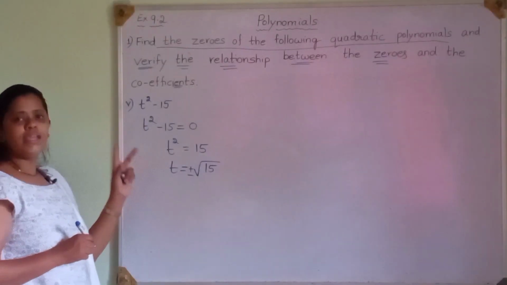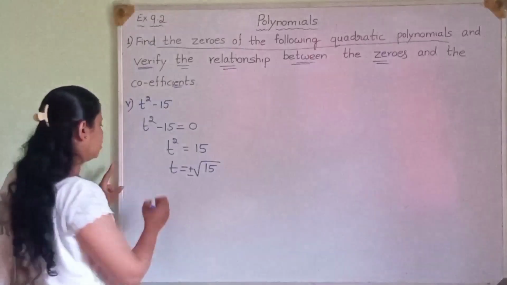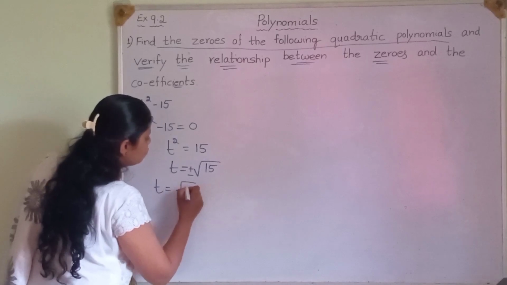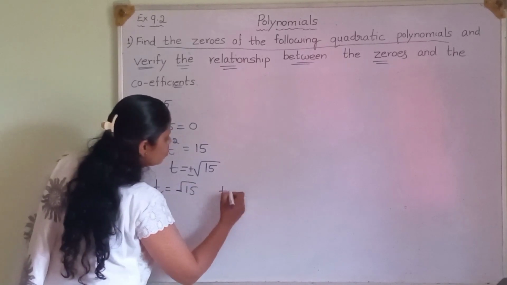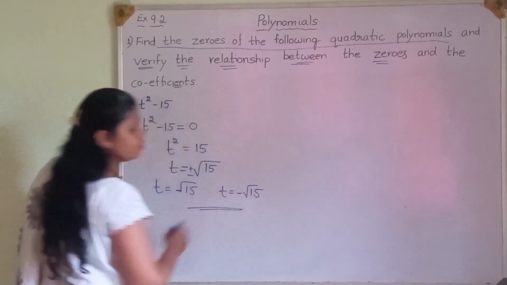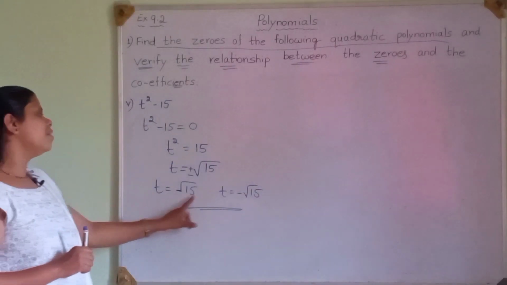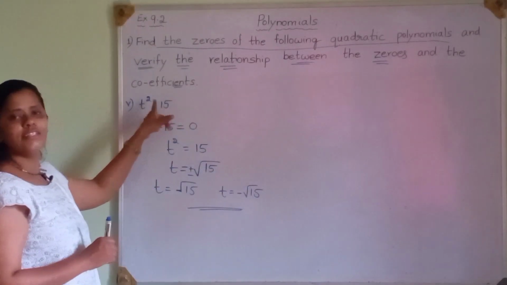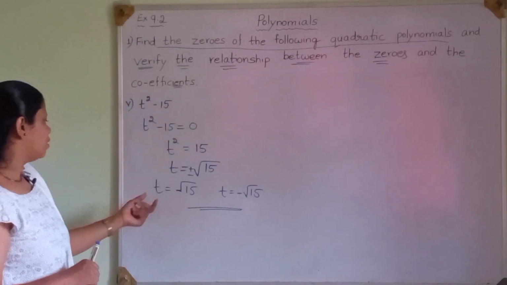Then for t, we have two values: t = +√15 and t = -√15. Isn't it? These are the zeros of the quadratic polynomial t² - 15.